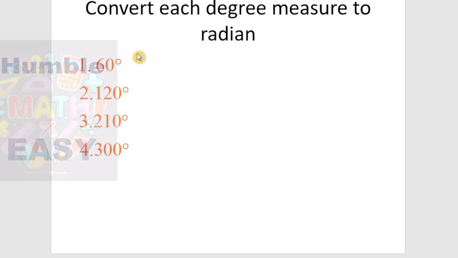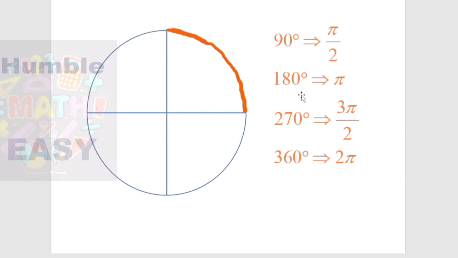If we have to solve this part with a 60-degree angle, and we convert 60 degrees into radians, we have 60 degrees times pi over 180, because as far as 180 degrees is concerned, it is equivalent to pi.